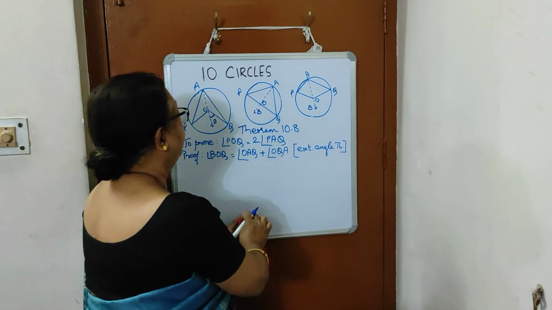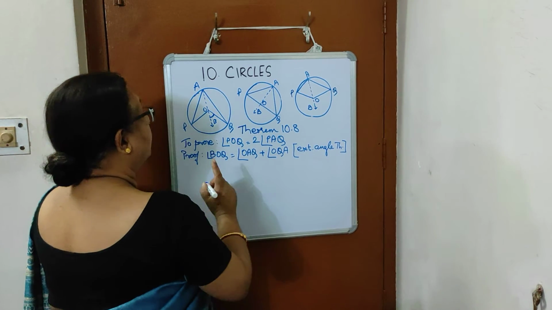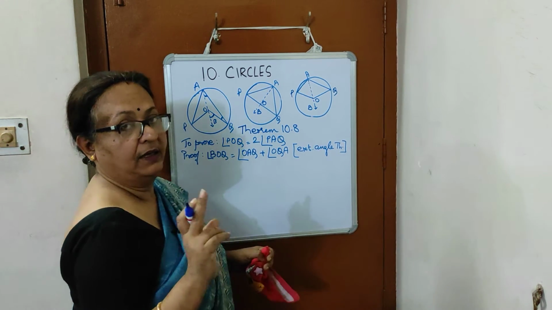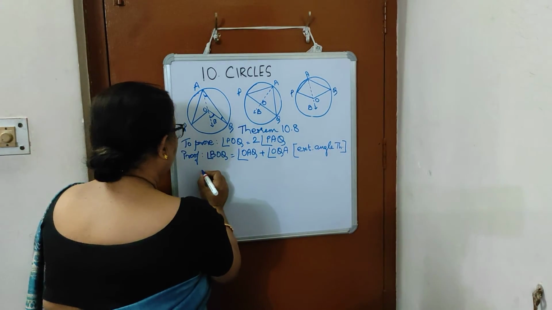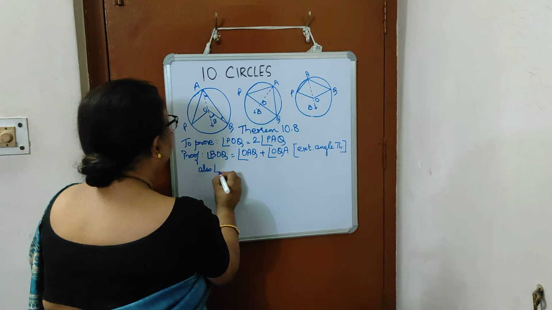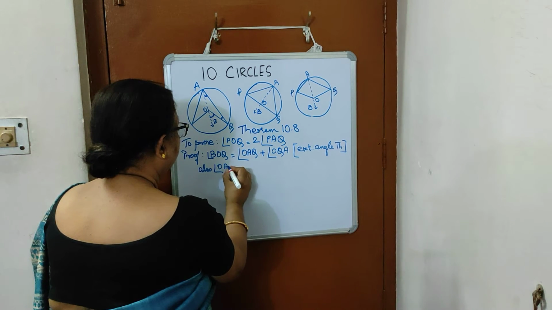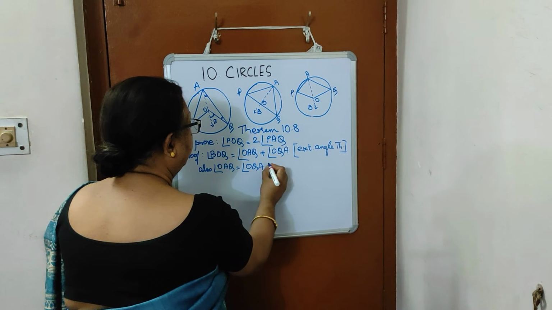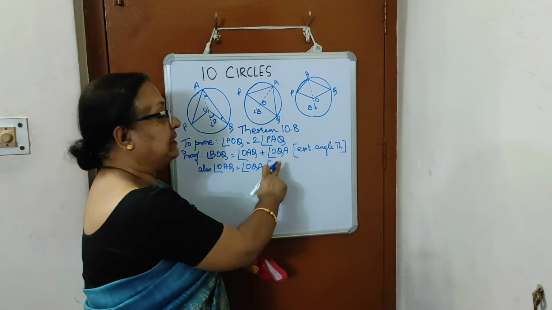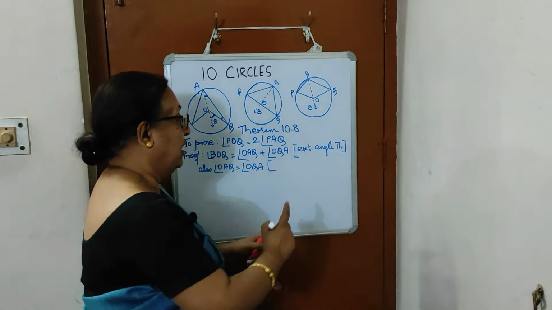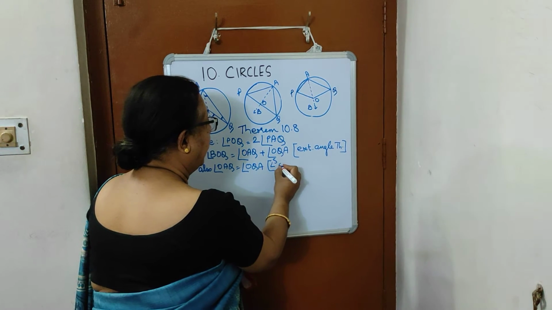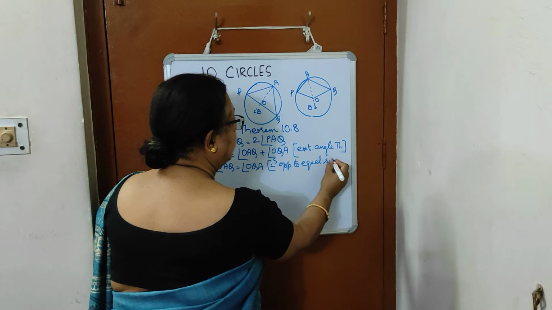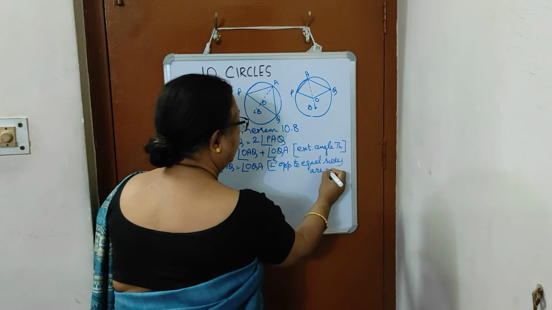So in this triangle, since OA is equal to OQ, we can write this angle equal to this angle. Isn't it, children? So we also write angle OAQ is equal to angle OQA. You know the reason why? Angles opposite to equal sides are equal. Now children, you need to write the reason: angles opposite to equal sides are equal.